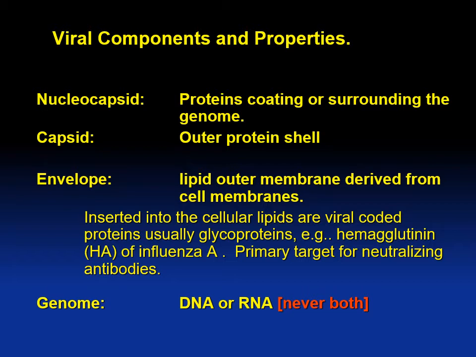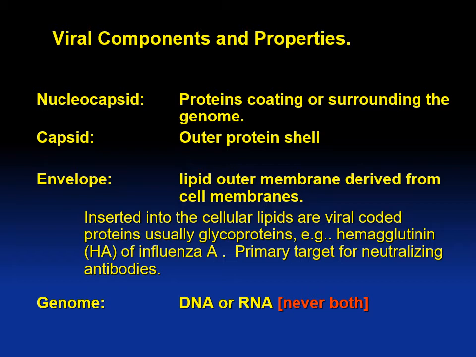And in some viruses, there are proteins which are made by the virus and inserted into these lipids during the process of making new virus particles. And usually we refer to those proteins as glycoproteins, such as the hemagglutinin of influenza and other protruding proteins.